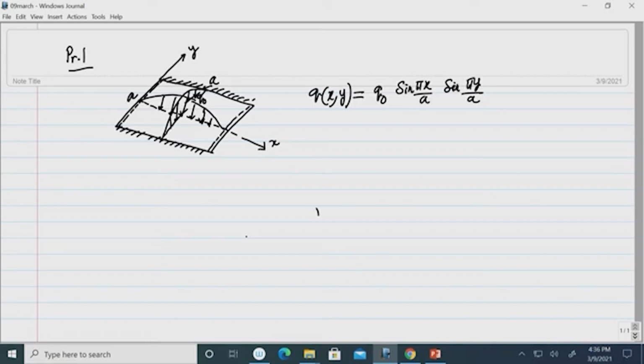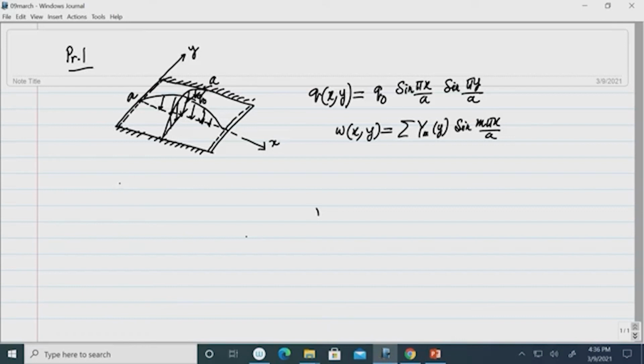Now, because of the symmetrical problem, we take the term in the deflected series Y_m. Deflected series is the summation of Y_m(y) sin(m pi x by a), and Y_m(y), because of symmetry, only symmetrical terms have to be taken.